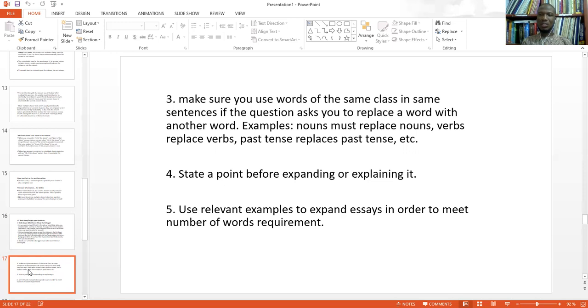These are just to mention a few. And to know more about things like this, you must make very good use of your dictionary. Your dictionary must be your friend. Your dictionary shouldn't only be used to find out the meaning and spellings of words, but also to check the class of a word, whether it's a noun, a verb, or whatever it is, so that it will help you to use it appropriately.